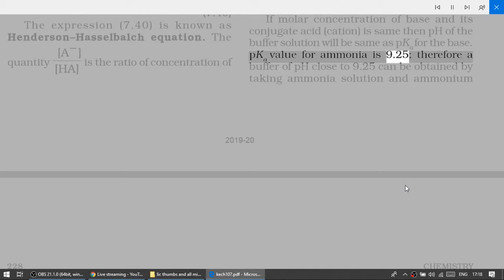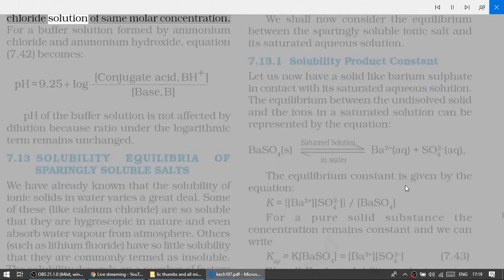The pK value for ammonia is 9.25. Therefore, a buffer of pH close to 9.25 can be obtained by taking ammonia solution and ammonium chloride solution of the same molar concentration.